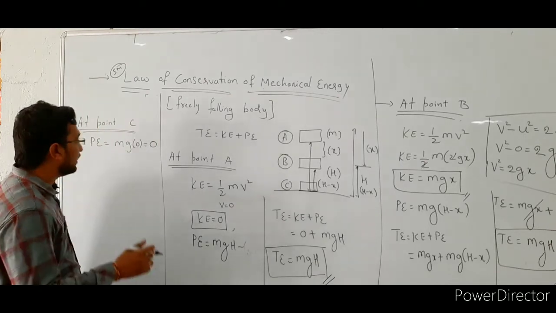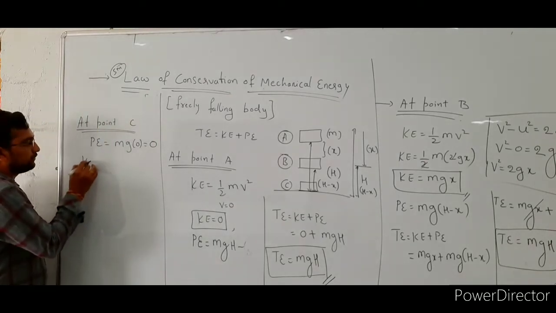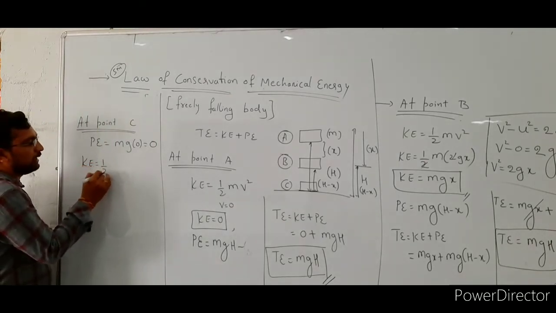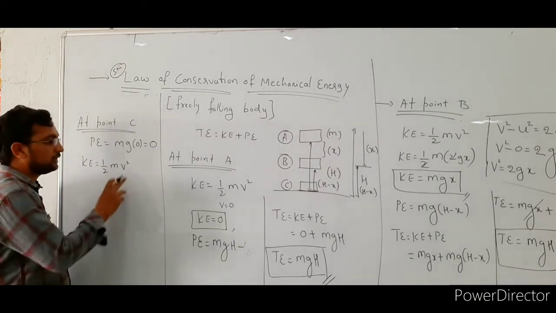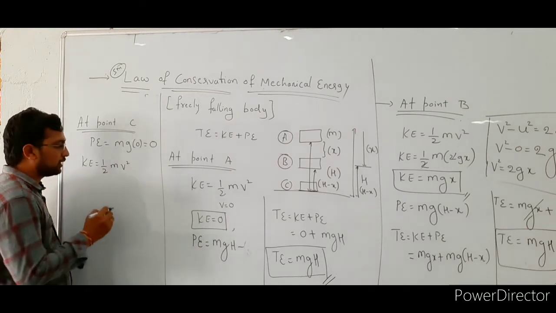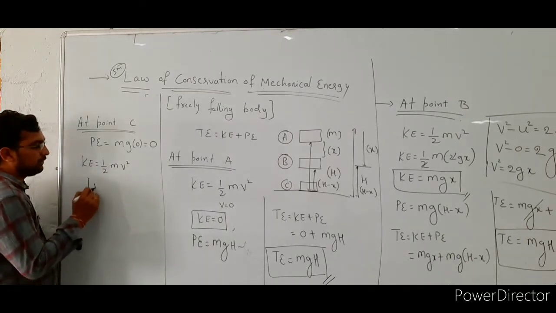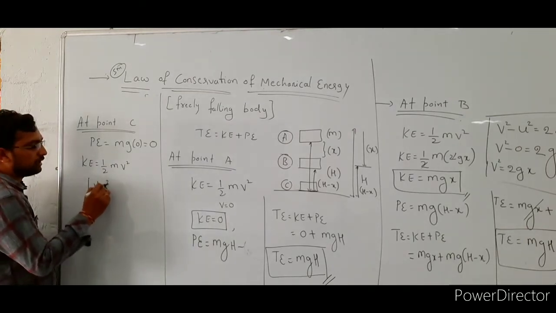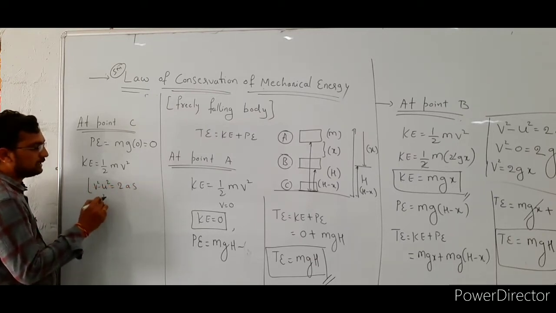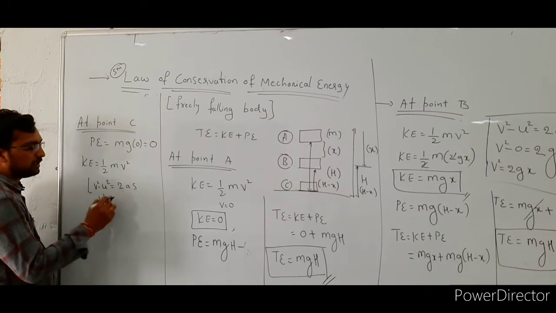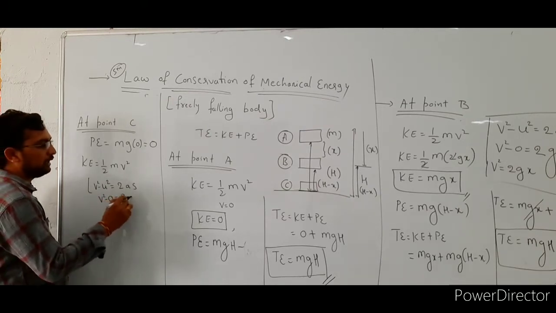Next, we are going to find out the kinetic energy. Kinetic energy is equal to 1 by 2 m v square. Again we are going to find out the velocity with the help of an equation of motion, v square minus u square is equal to 2as. Here v square as it is, initial speed of the body is 0, that is equal to 2 into g.